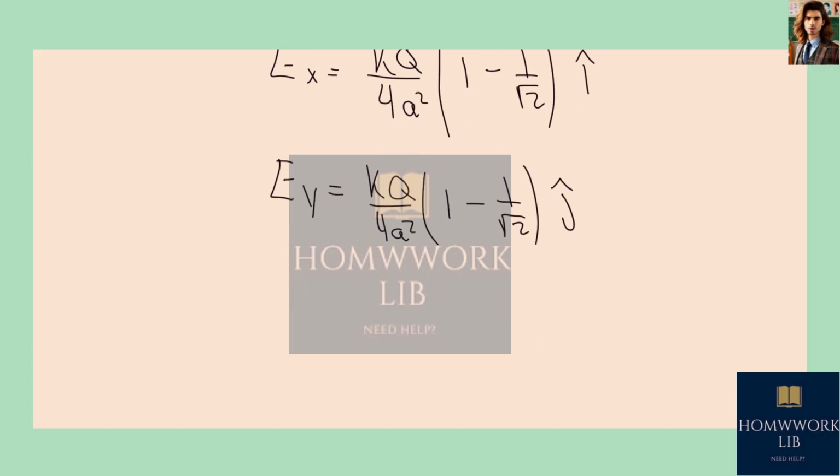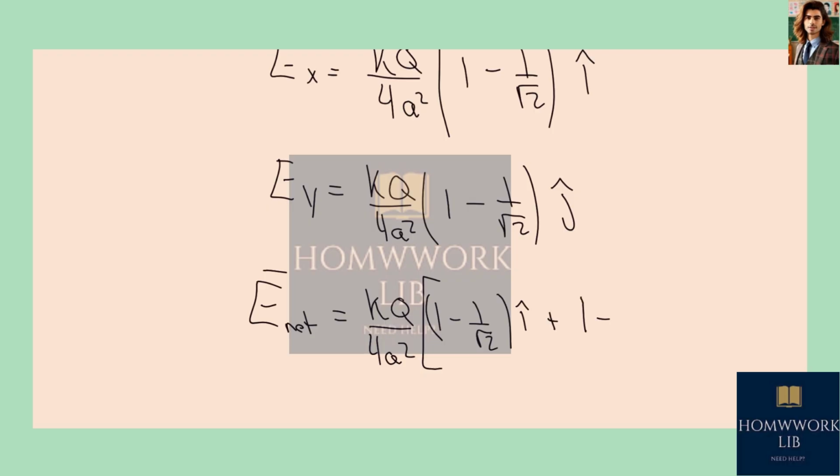So the electric field in the second case would be kQ divided by 4 times a squared times, if you want to put it, 1 minus 1 over the square root of 2 on i plus 1 minus 1 over the square root of 2 on j.